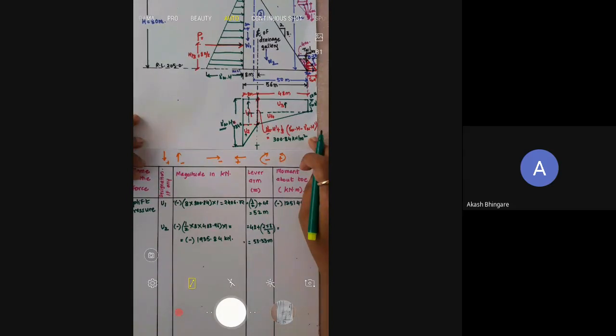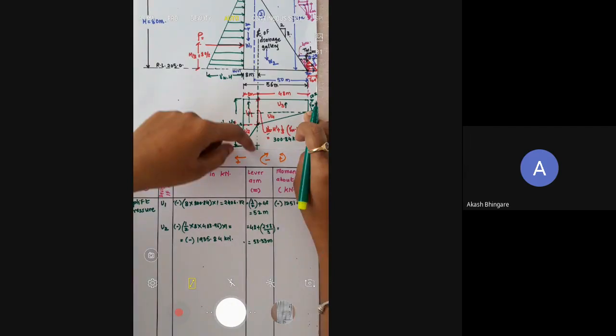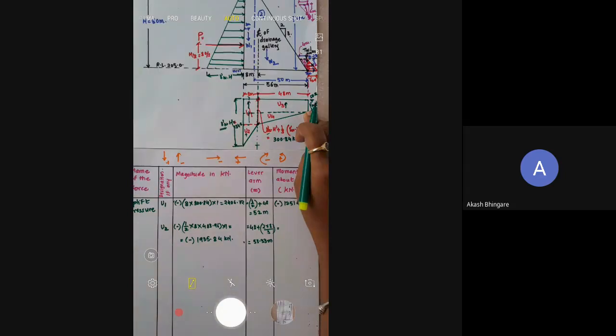Whether it is an anti-clockwise moment or clockwise moment, U2 is acting vertically upward and creating moment in which direction? Clockwise or anti-clockwise?